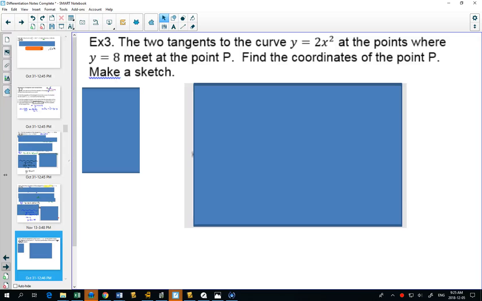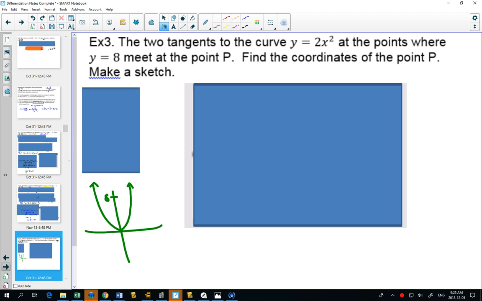Two tangents to the curve y equals 2x squared. The two tangents to the curve y equals 2x squared at the point where y equals 8 meet at the point P. Find the coordinates of this point P. So if we draw a picture, again, this is one of those examples that's a little bit different. 2x squared is a parabola.